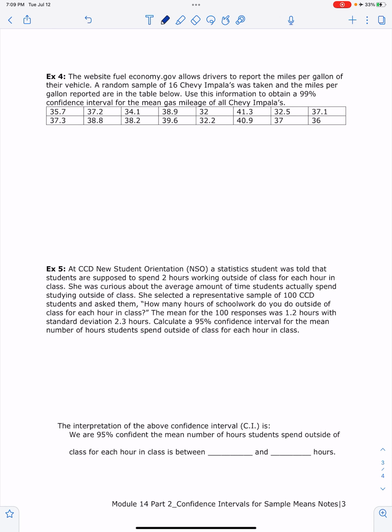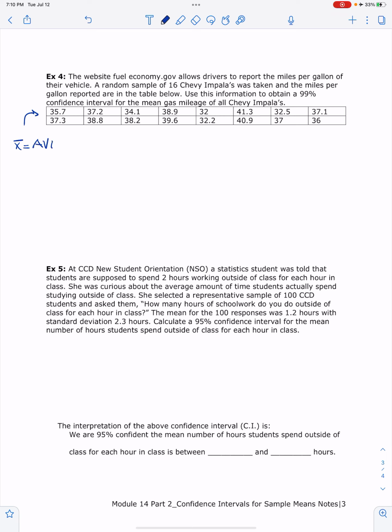Okay, so this time we have a data set, and we've done this before. In Excel, I entered all of this information into a column. We're going to use this information to find X bar.